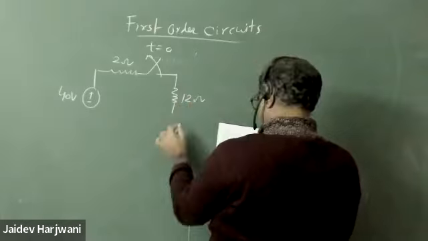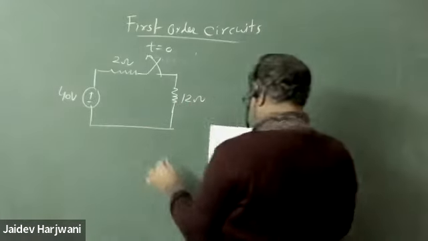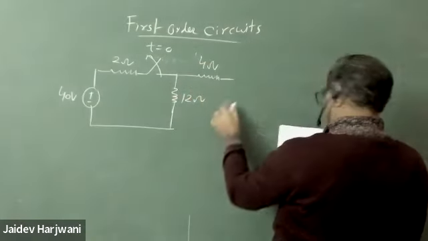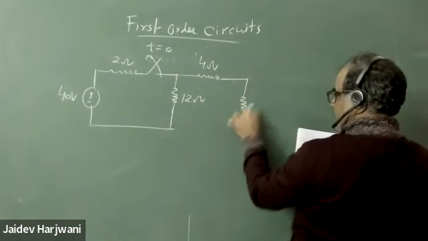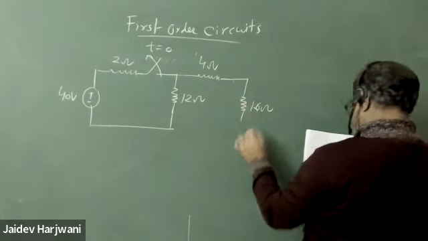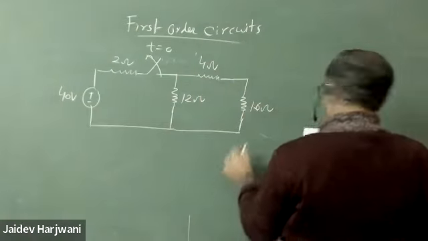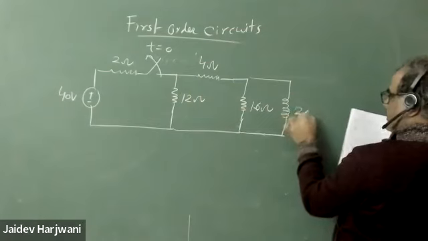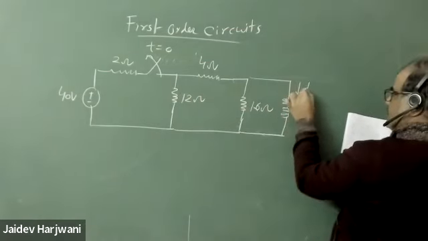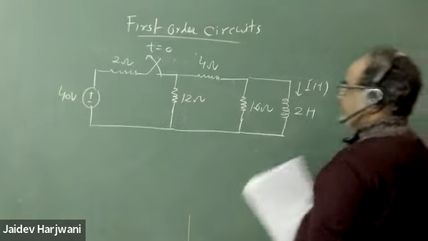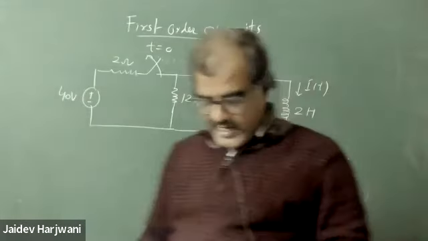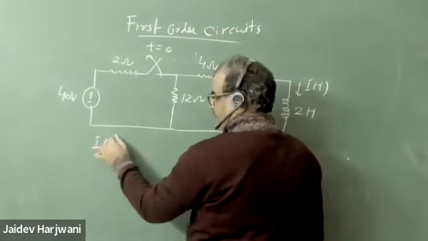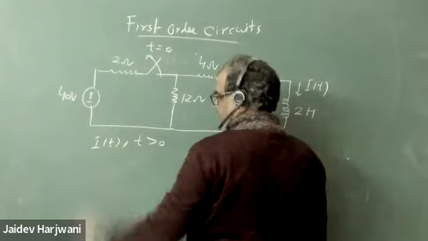This is 12 ohm, then we have this 4 ohm resistance, then this 16 ohm resistance, and then you have this inductor L equals 2 Henry.